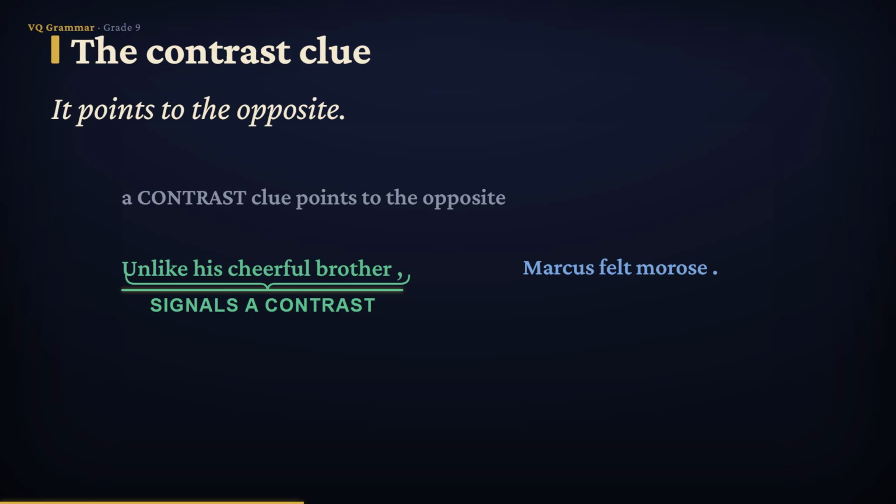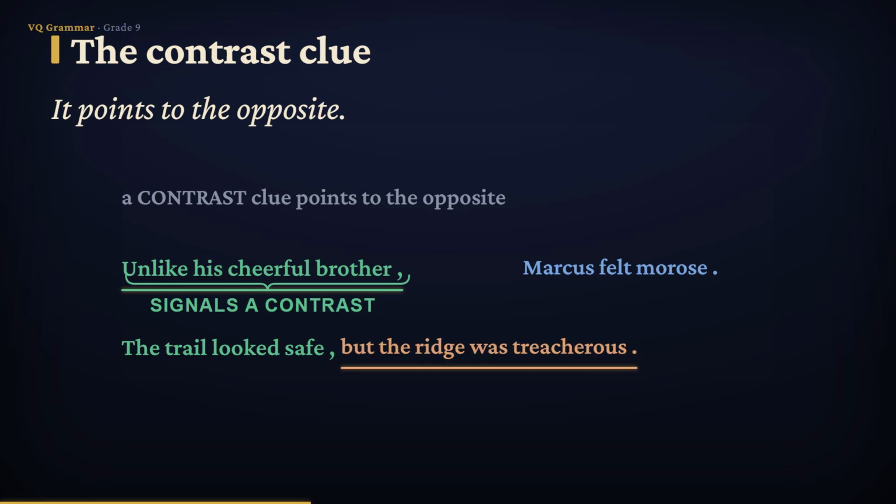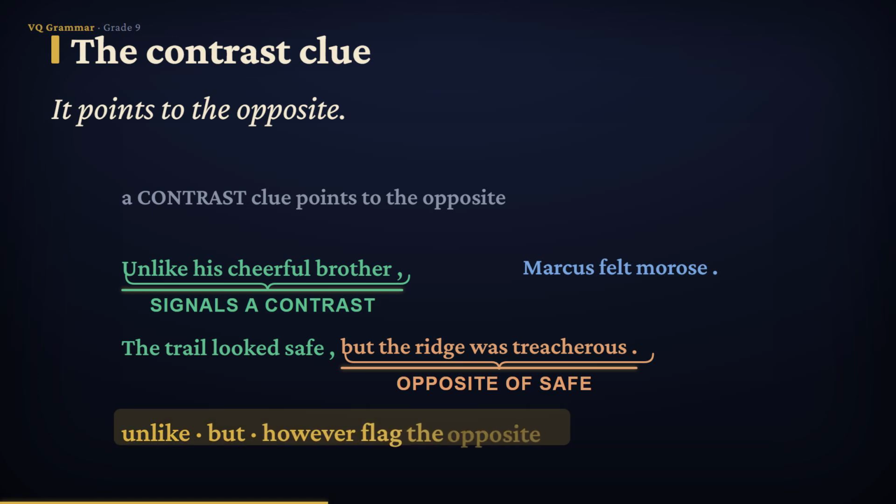Here's another. The trail looked safe, but the ridge was treacherous. The word but flips the meaning. Treacherous is the opposite of safe, so it must mean dangerous. When you see unlike, but, or however, expect the meaning to swing the other way.